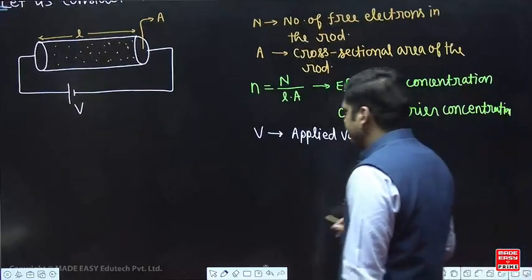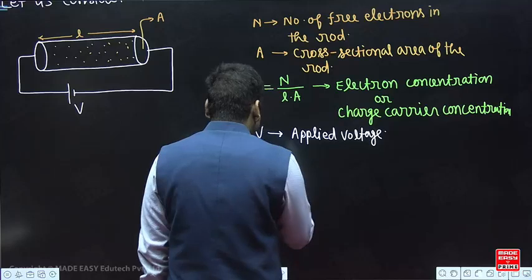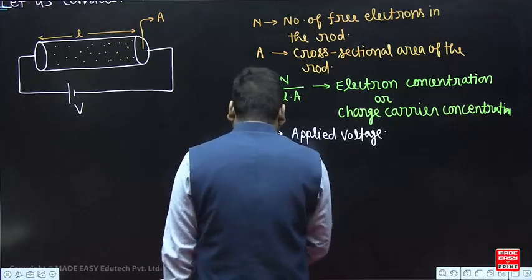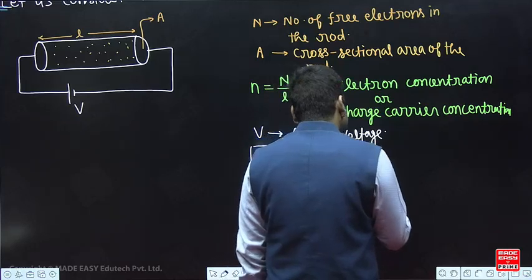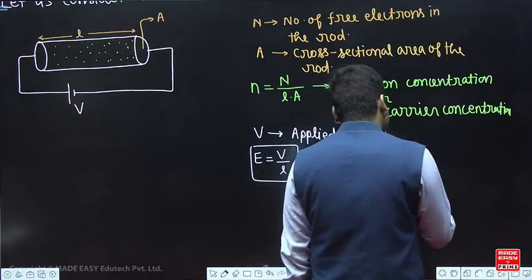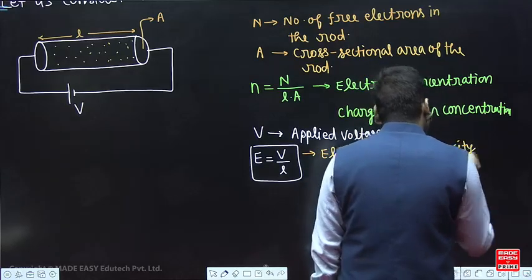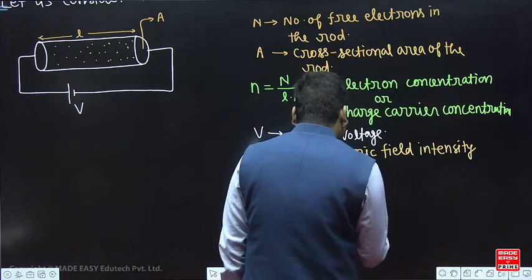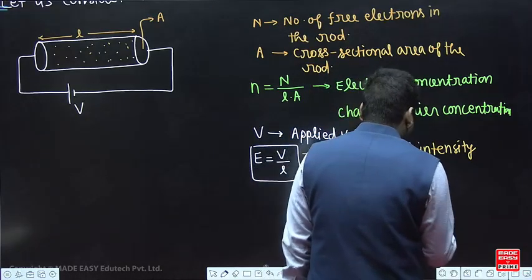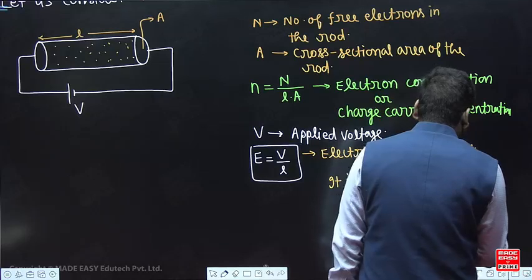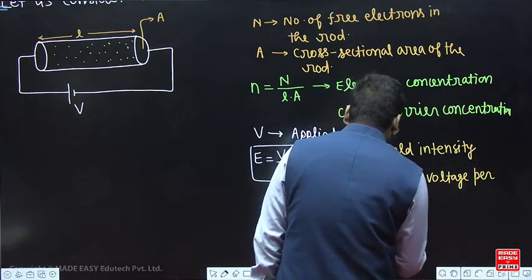That electric field intensity is given as E is equal to V upon L. It is defined as voltage per unit length.